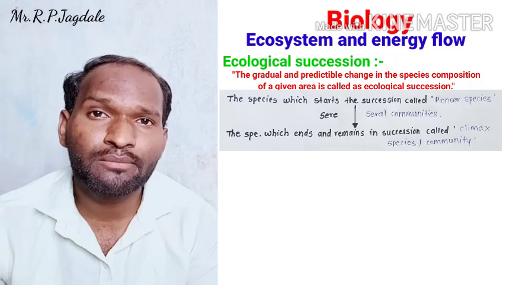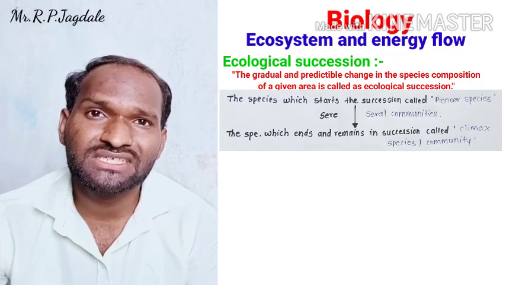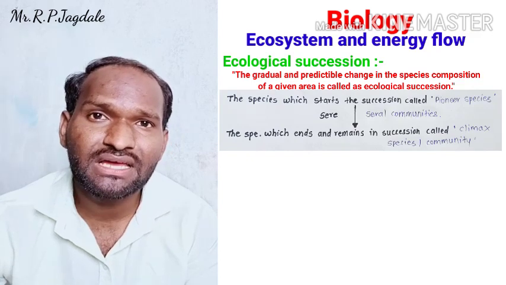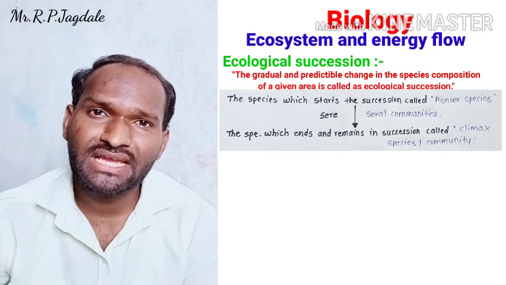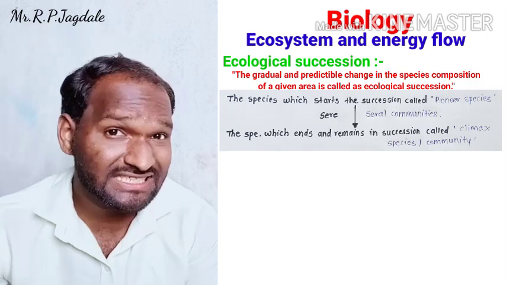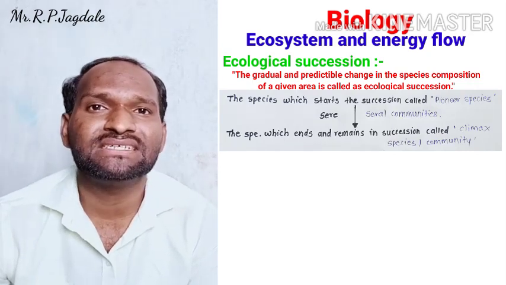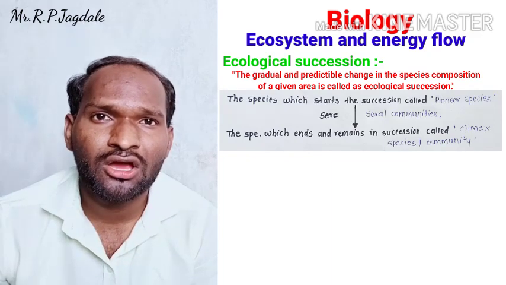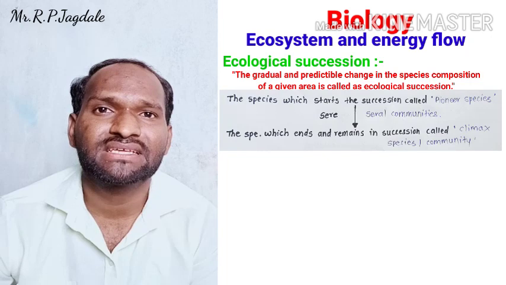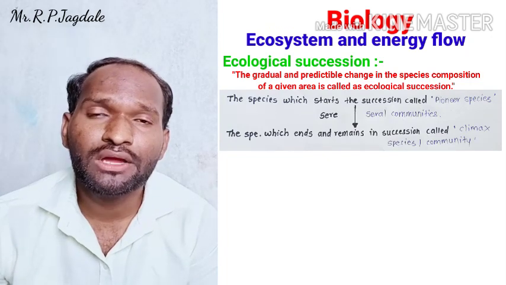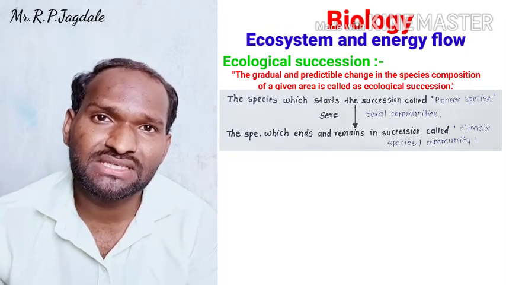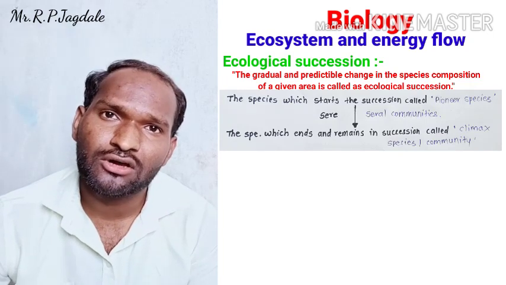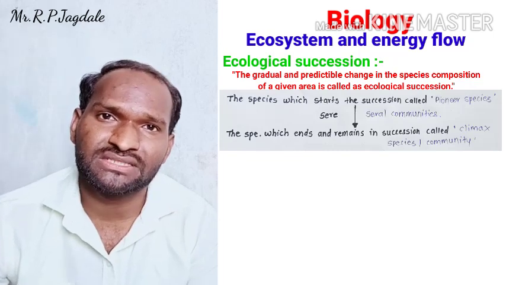So there are two major components so far: one species which starts the ecological succession, called the pioneer species, and one species which ends it and remains as it is, called the climax species or climax community. Now, in between the pioneer species and the climax community, there are some other communities present.